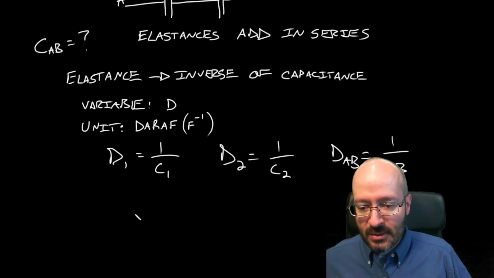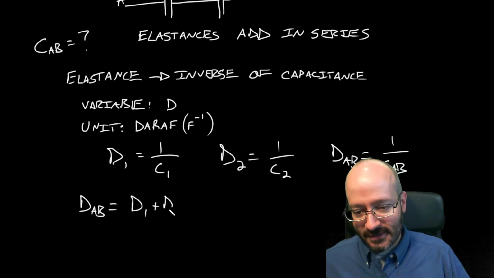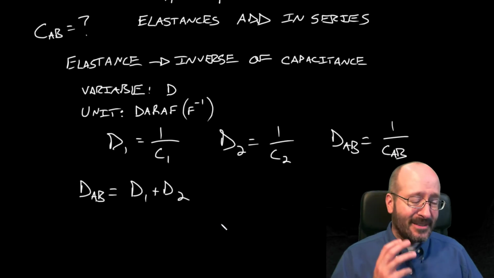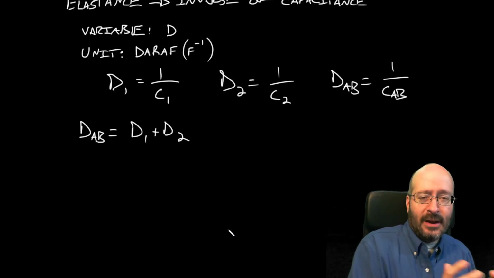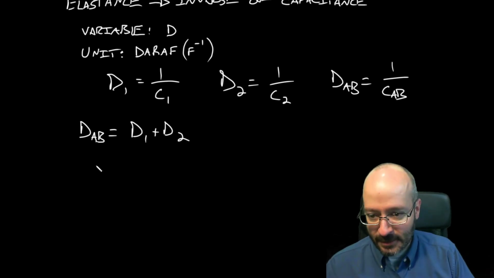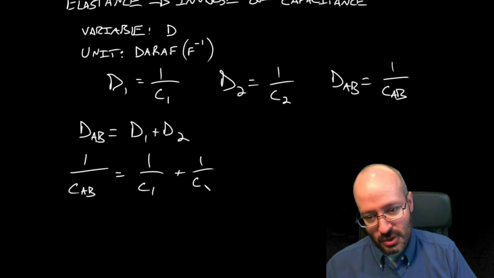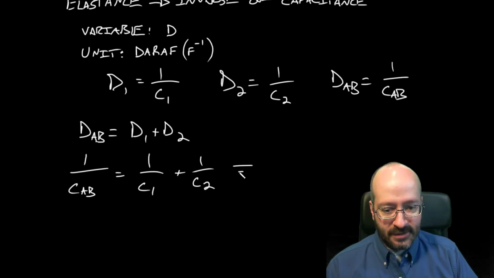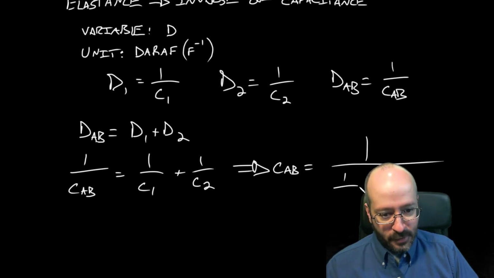DAB equals D1 plus D2. This is the same situation we had with resistors when they were in parallel, but now capacitors are the backwards one. It's when they're in series. So this is going to be 1 over CAB equals 1 over C1 plus 1 over C2. And then we can solve for CAB equals 1 over the quantity 1 over C1 plus 1 over C2.